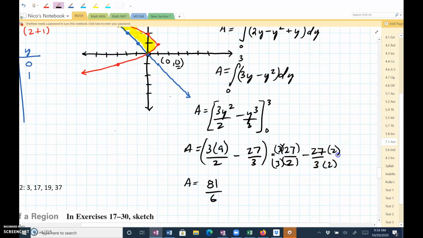Multiply this by 2. This will be 54 over 6. So let's see, 81 minus 54 is going to be 27 over 6. You can divide both of these by 3. This is going to be 9 over 2 units squared.